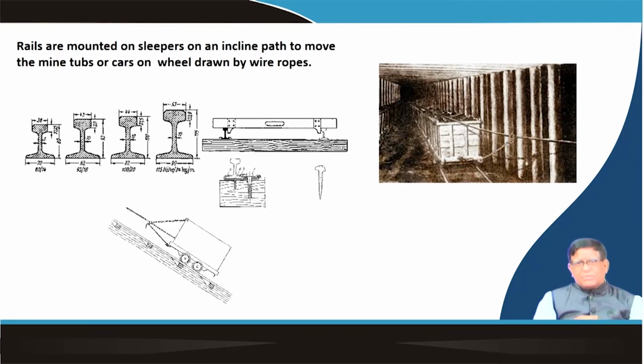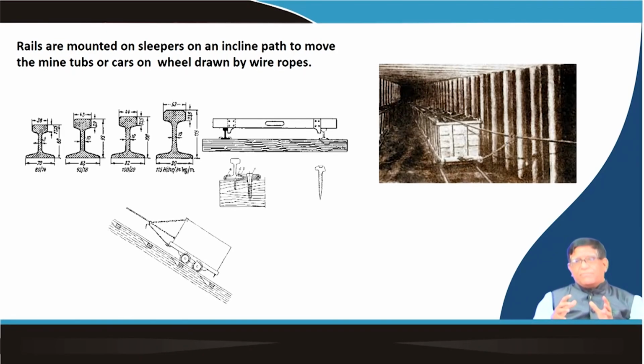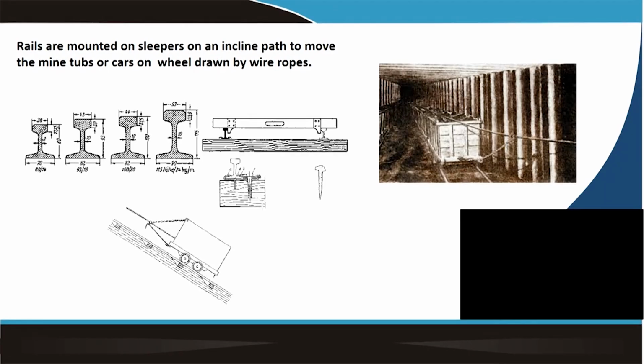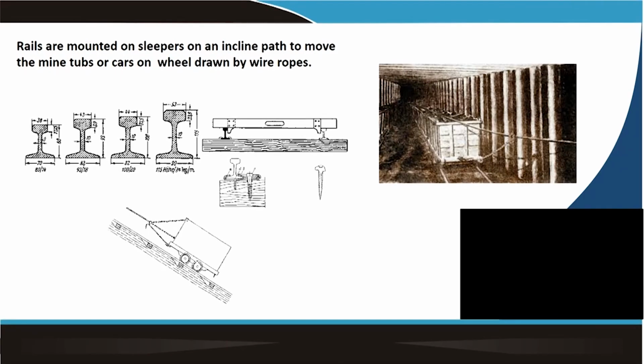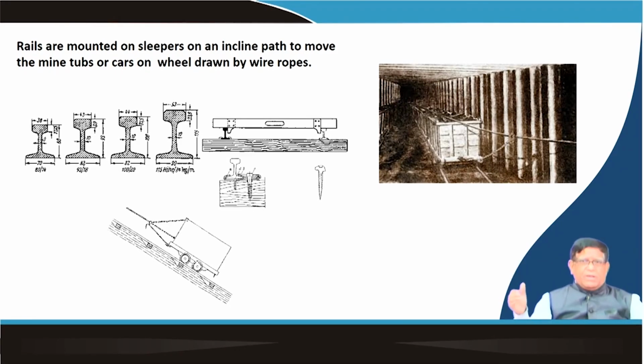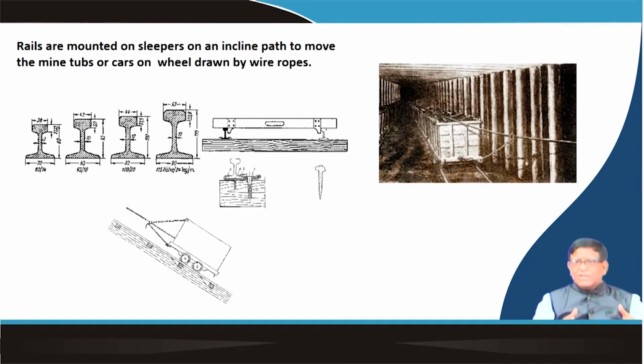You may see that for some of the very high speed trains, the rails have almost 75 kg per meter weight, big heavy rail, or some light rails where you can have just 37 or 40 kilo per meter, or sometimes even very light rails in some of these mining applications.